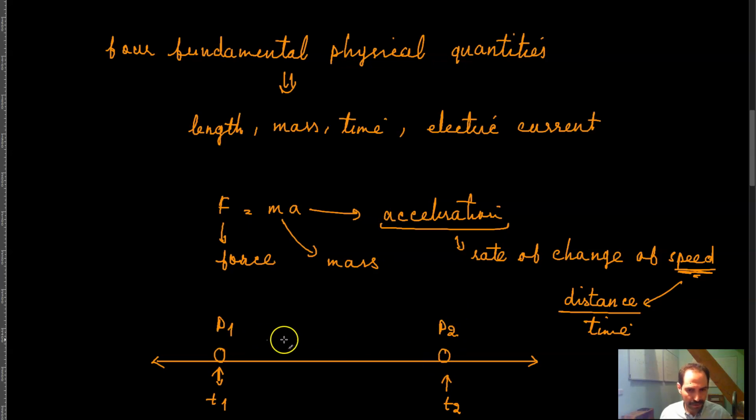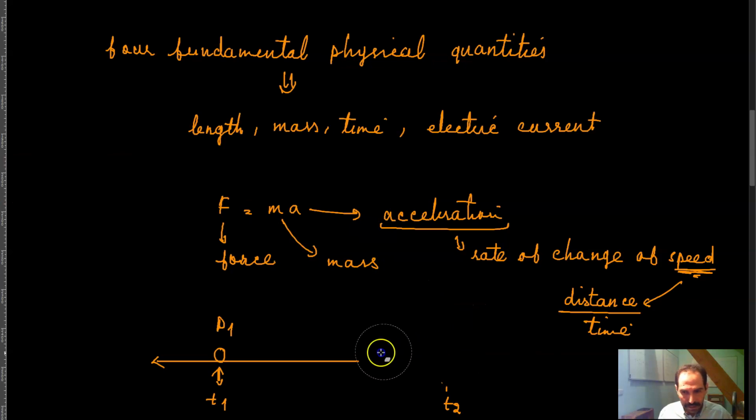If you find that distance and divide by the time that it takes the object to get from t1 to t2, then you will get the speed, meaning that the speed is the rate of change of position, right? So the rate of change of position is speed, and the rate of change of speed is acceleration.